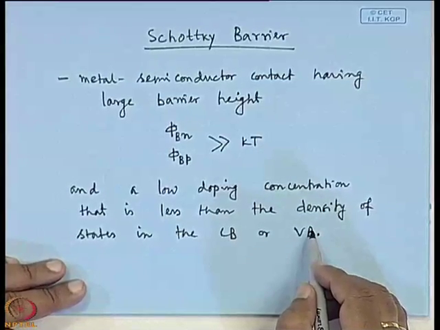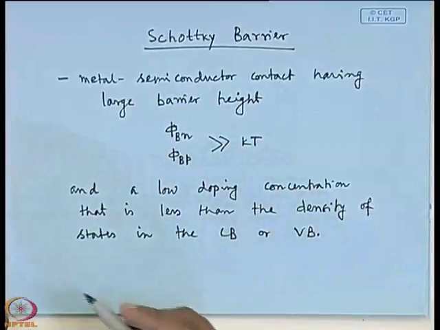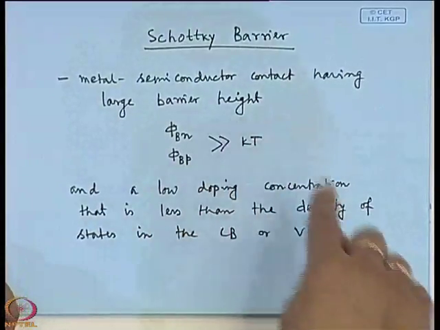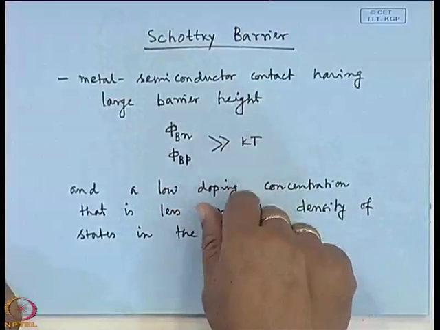What is density of states? Number of empty states per unit volume in the conduction band or in the valence band, where the electrons or holes can be accommodated. So, if your number of states is high and the doping concentration is low, then the Schottky barrier will be there, and at the same time the barrier height must be very much greater than the kT. So, these two conditions are there for Schottky barrier.